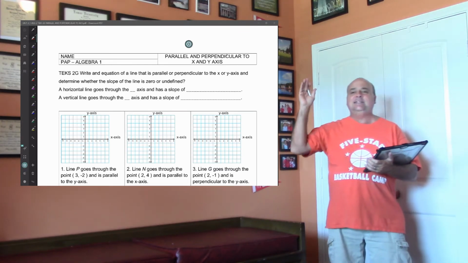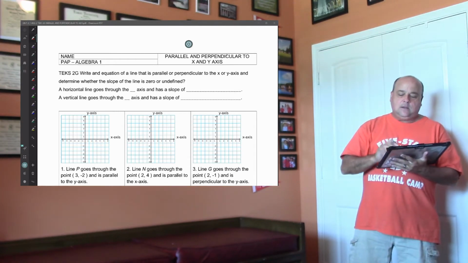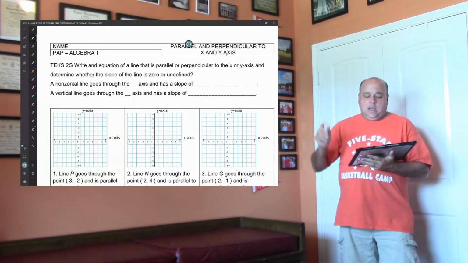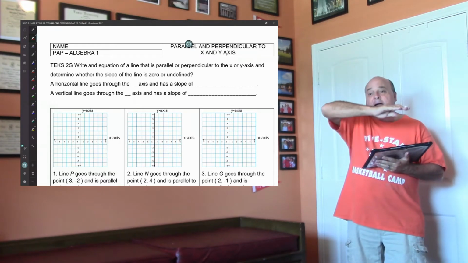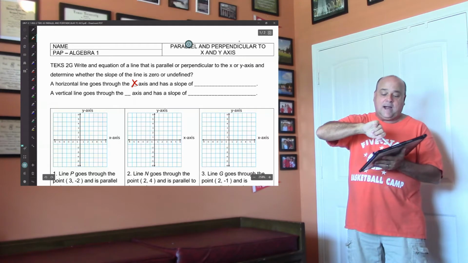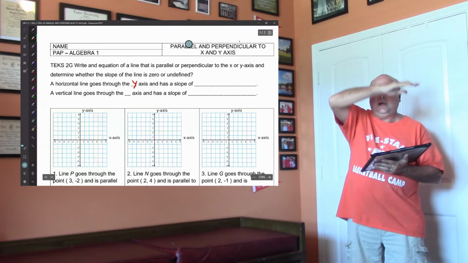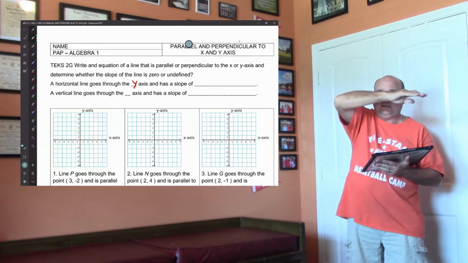paper today, and it's about parallel and perpendicular lines to the X and Y axis. Okay, so let's start off. A horizontal line, if it's flat, will be parallel to the x-axis, right? So it's going to go up or down from the x-axis. It's going to be flat.